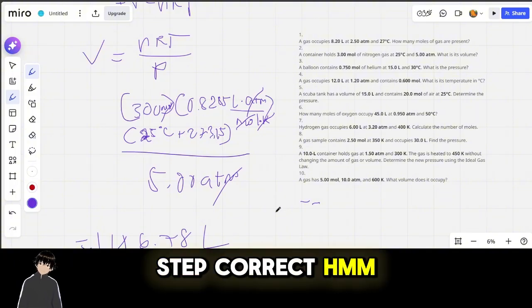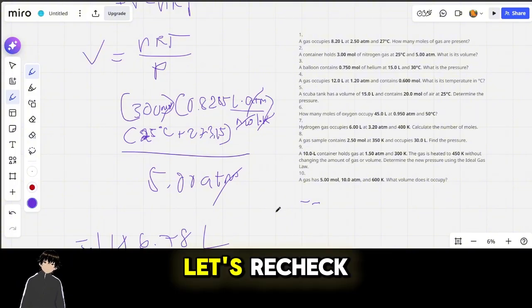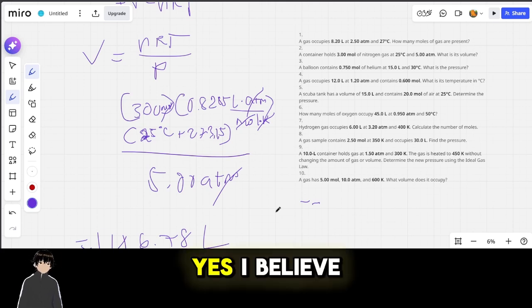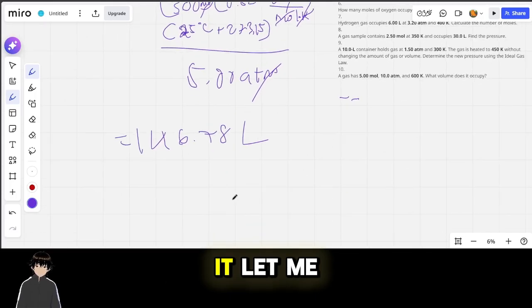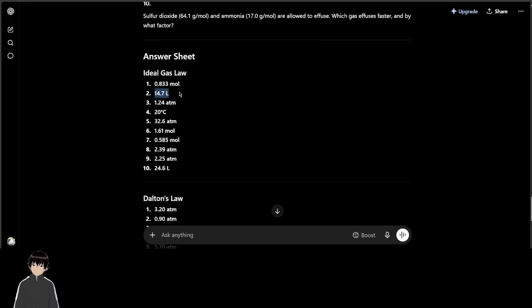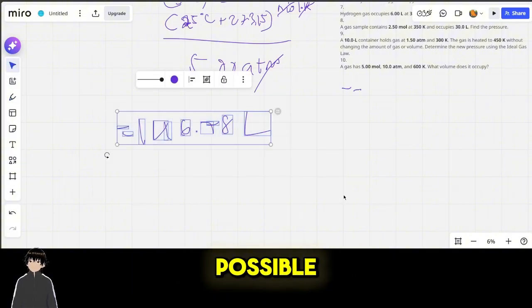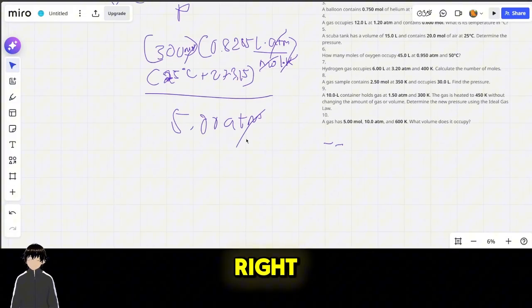Is that correct? Let's recheck. Yes, I believe that would be it. Let me just check. Wait, 14.7 liters. How is that possible? I did everything right.